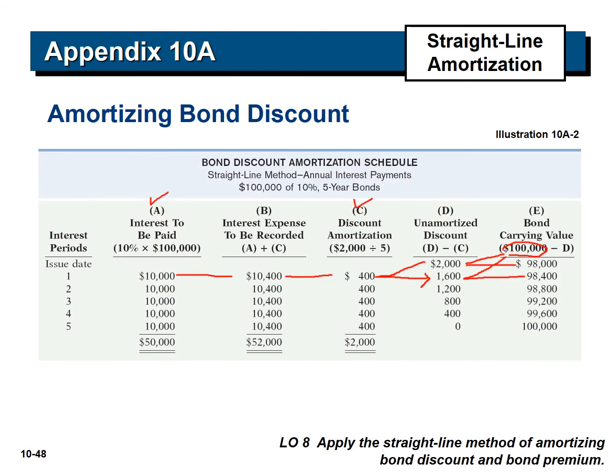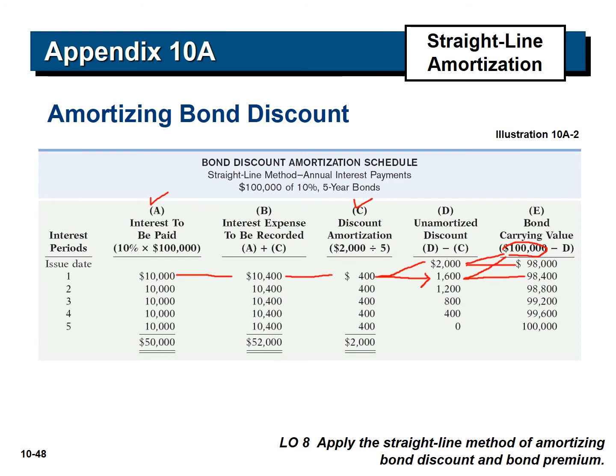All right, how do we prepare what's called an amortization table? This is just to keep track of all your write-offs. So we know that we had the interest paid. We already showed you how to do that. And then the discount amortization, we showed you how to do that, 2,000 divided by 5. The interest expense is just adding those two numbers together.